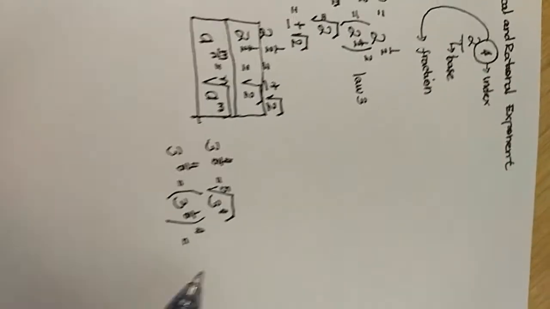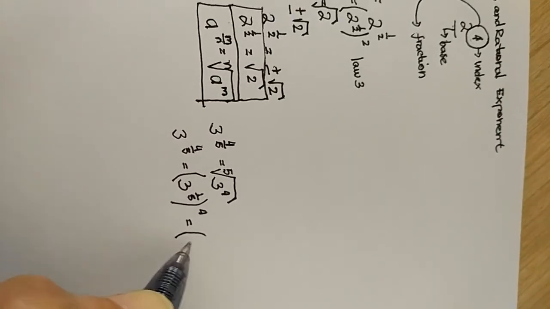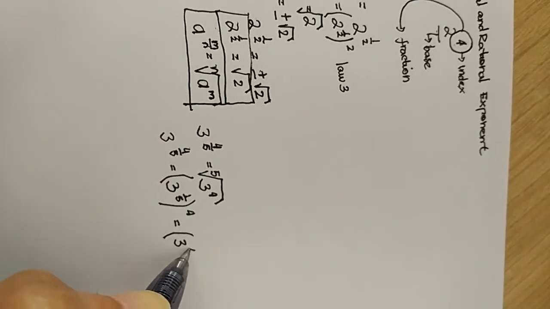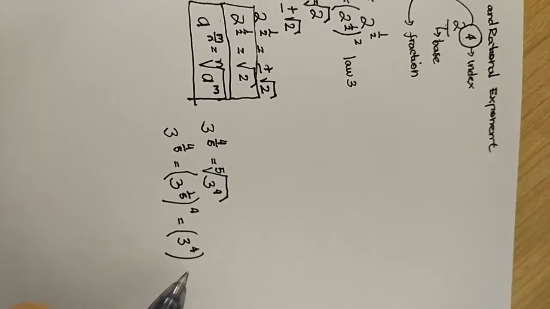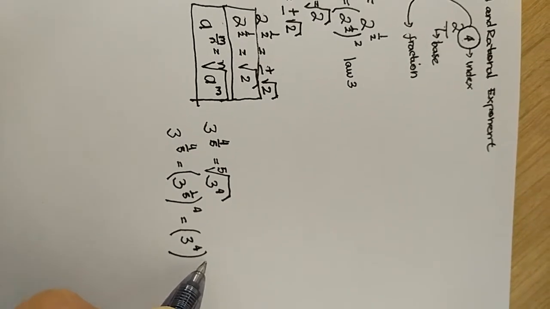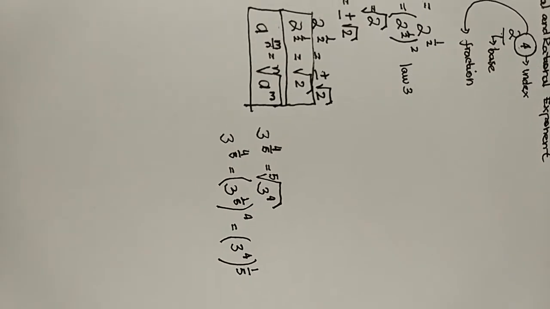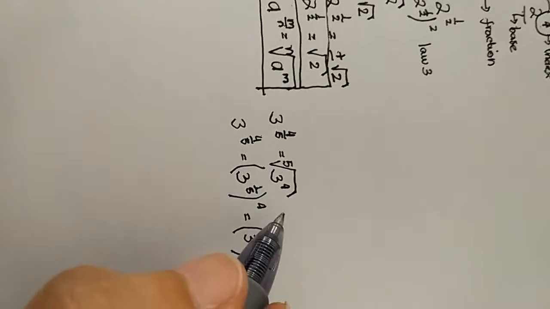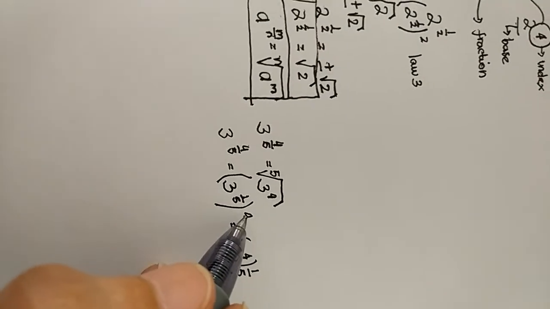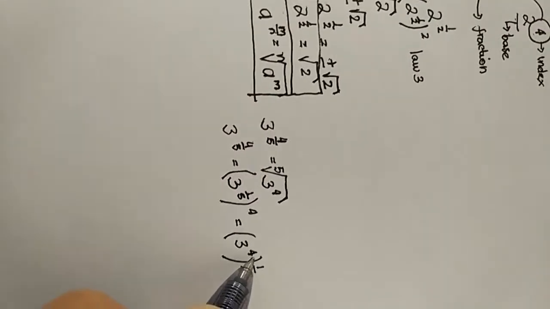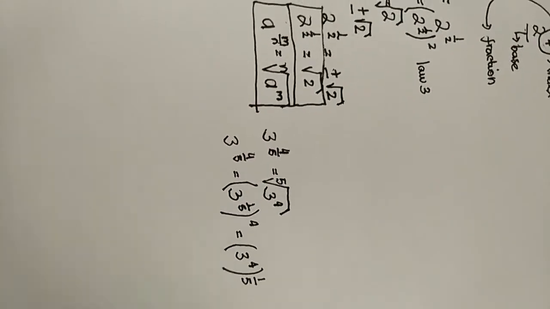Or I can write it as 3 to the power of 4, and then powered again by 1 over 5. All of these are the same, correct? Because if you multiply the indices, it becomes 4 over 5 in both cases.